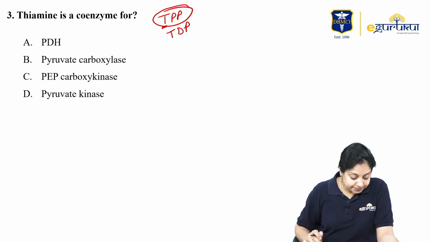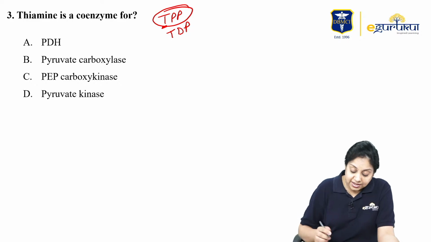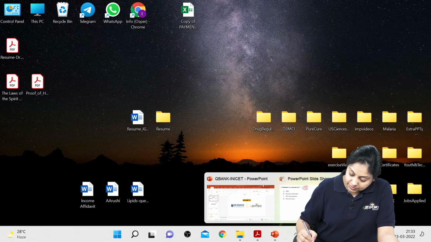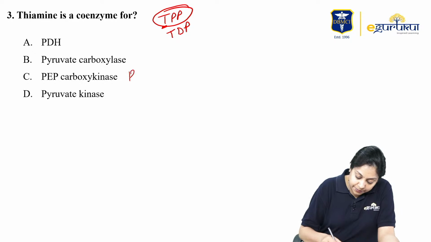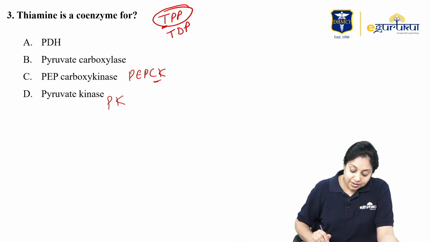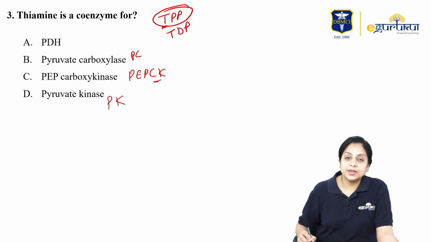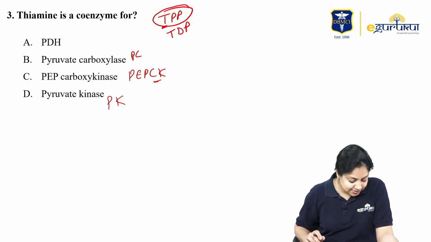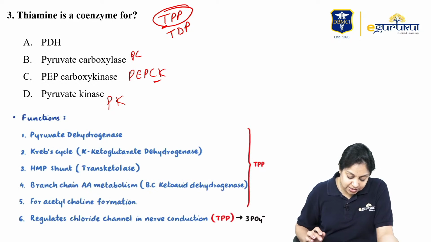Is for what? A, B, C, D: PDH, pyruvate carboxylase, PEP-CK, pyruvate kinase, PK. It is PEP-CK, PK, PC, PDH. What is this? Exactly, right. A, pyruvate dehydrogenase.